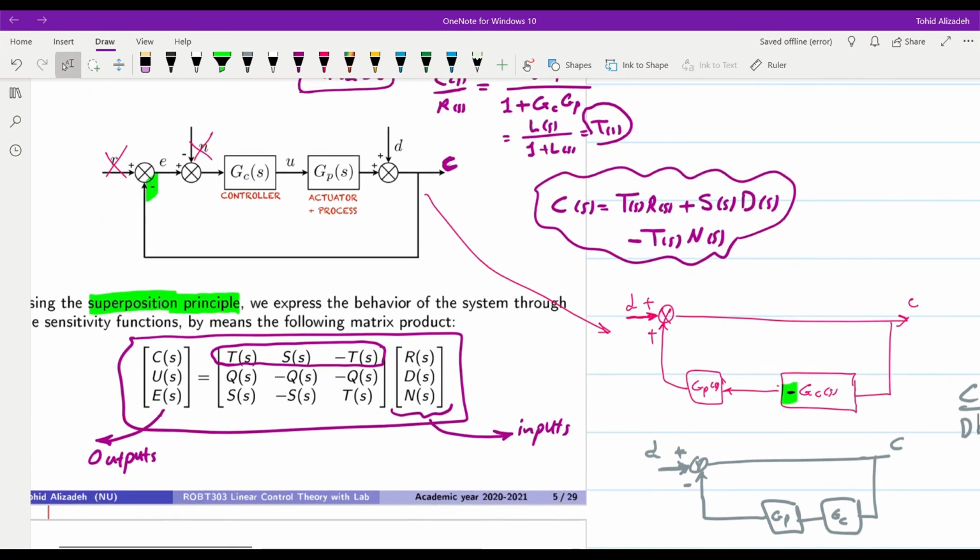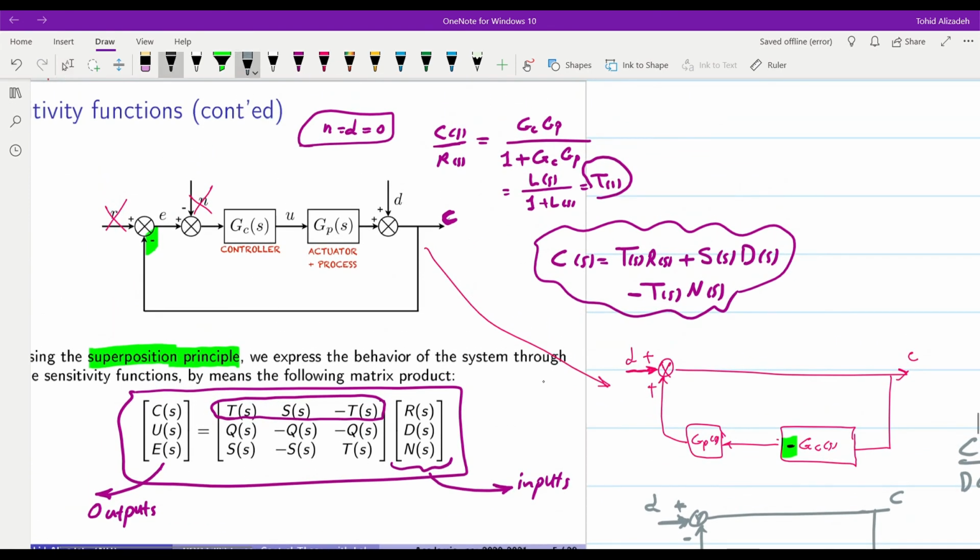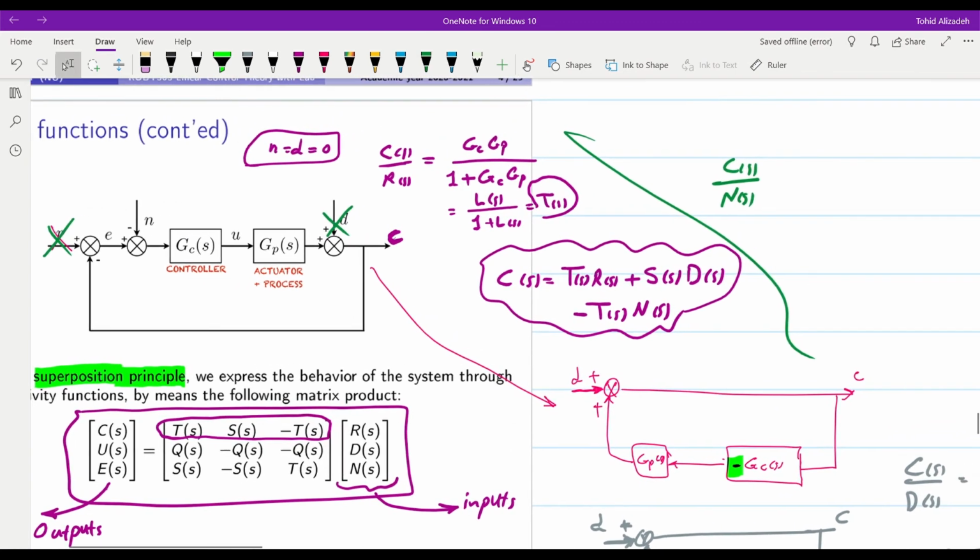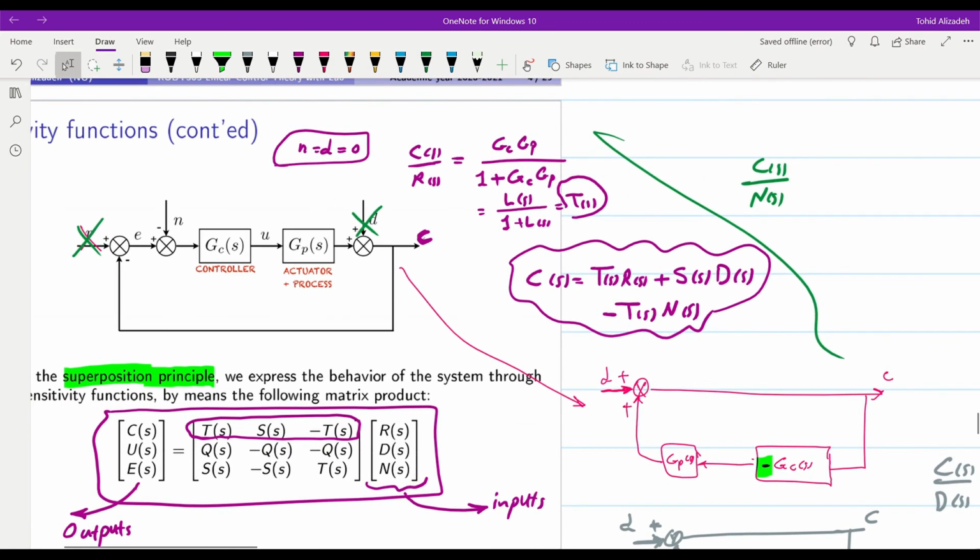And finally, if I want to find the relation between C and N, noise, I will set D and R to 0. So we are going to find the relation between C and N. So if D and R are set to 0, we will have this situation.